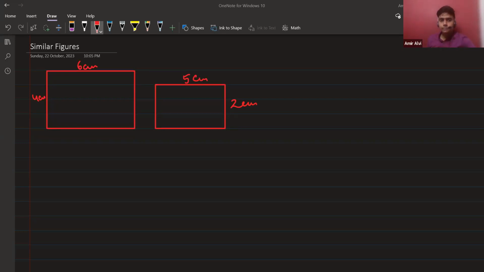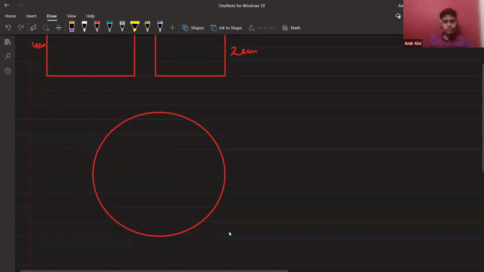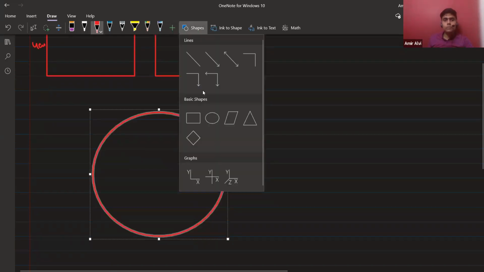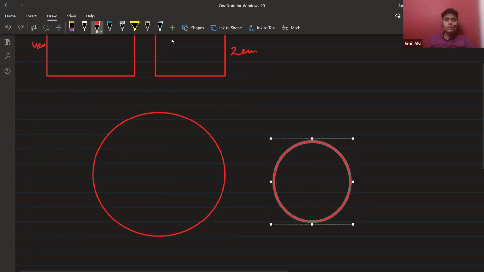No, sir. Okay, let's take one more example, because I want you to be very clear about the concept, what is basically similar and what is basically equal. This is a circle, and the radius of the circle is, let's suppose, 5 meter, and the other is 2 meter.